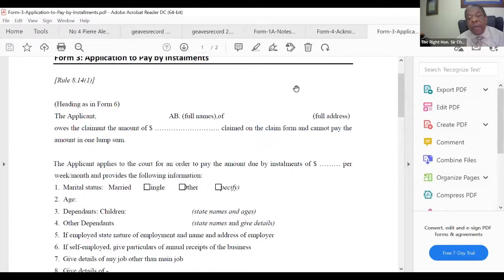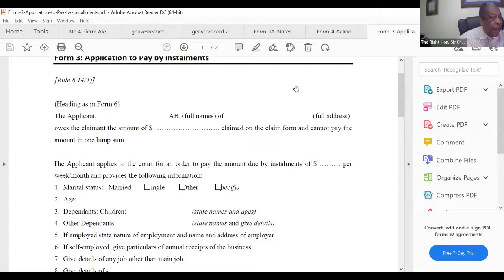So these are the rules attached to the CPR in the Eastern Caribbean, and it's most likely that something like this will be attached to the rules in the Bahamas. Throughout the region where this applies, these forms are basically standard forms. Yes, that's true.